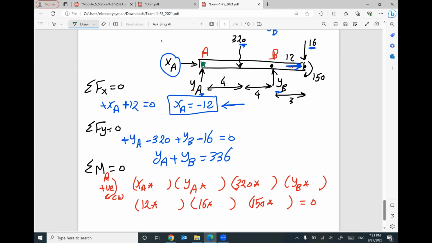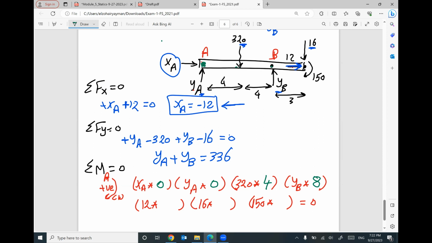What is the distance between XA and A? 0. What is the distance between YA and A? 0. What is the distance between 320 and A? 4. What is the distance between YB and A? 8. This is the first question, and I need one of you to answer my question.